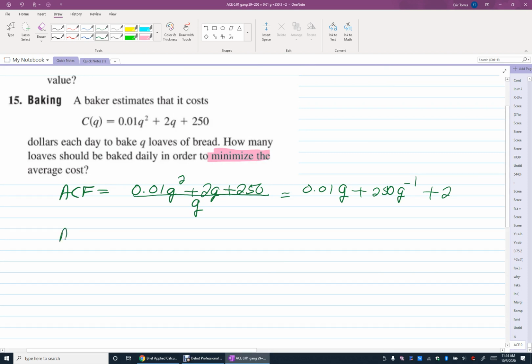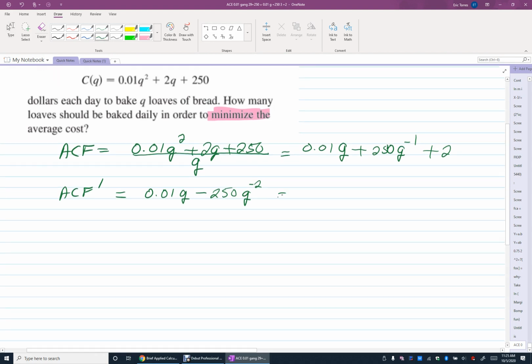So average cost function prime equals 0.01Q minus 250Q to the negative 2. So I subtracted 1 from my exponent. I'm now going to set this equal to 0. So this is my derivative, and I'm going to set it equal to 0.